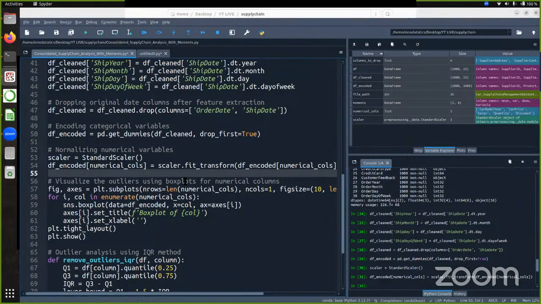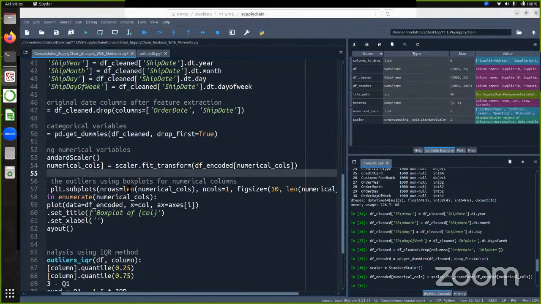So we will create a visualization and we are going to look at our numerical columns only. Okay. We are going to focus only on the numerical columns. All right.